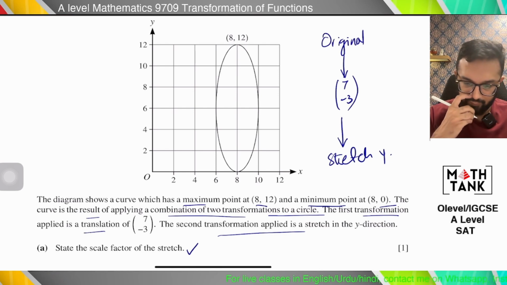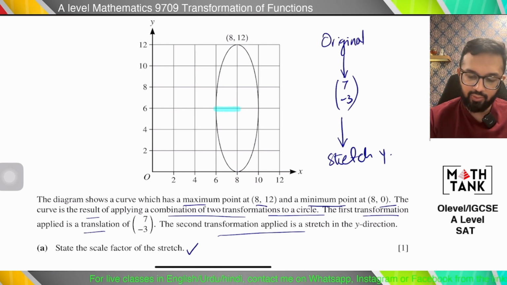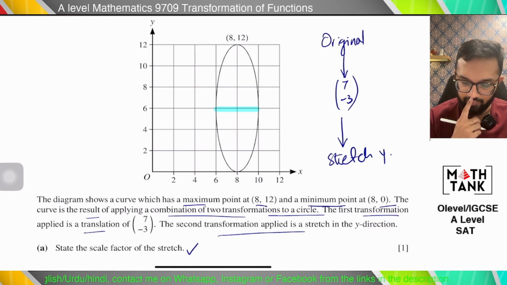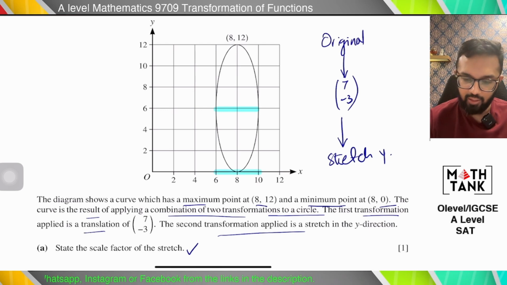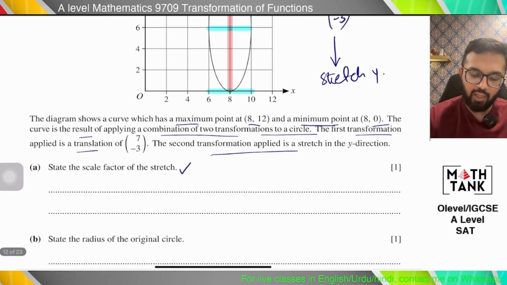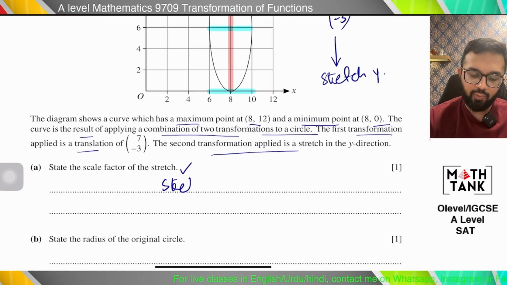State the scale factor of the stretch. Now, if this was a circle and it's only stretched vertically, then I could probably figure out the diameter of the original circle from here, and that looks like 4 units. When I see the diameter of the new circle, or the ellipse in this case, that's 12. That means there was a stretch factor of 3.